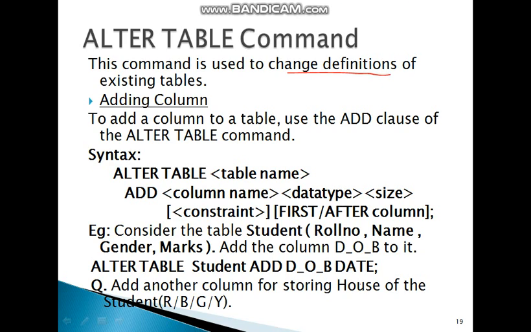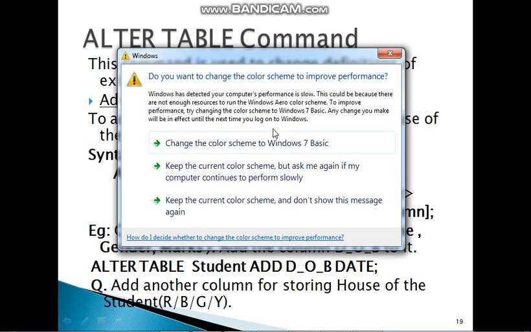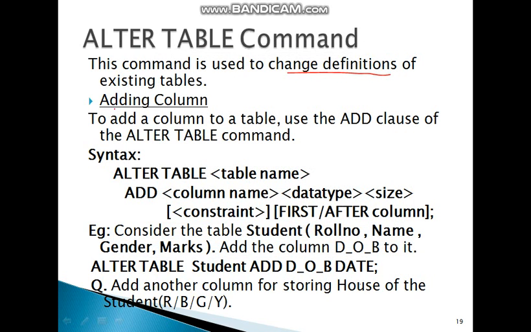So let's see first the alter table add subclause. This add subclause is used for adding a new column. Alter table, table name, add, we are adding a column, so column name, then data type and size can be mentioned.